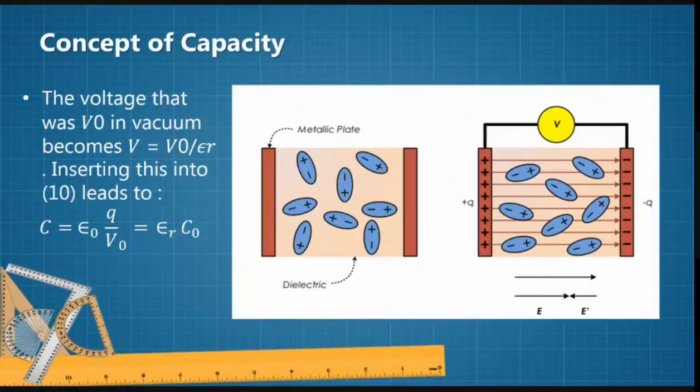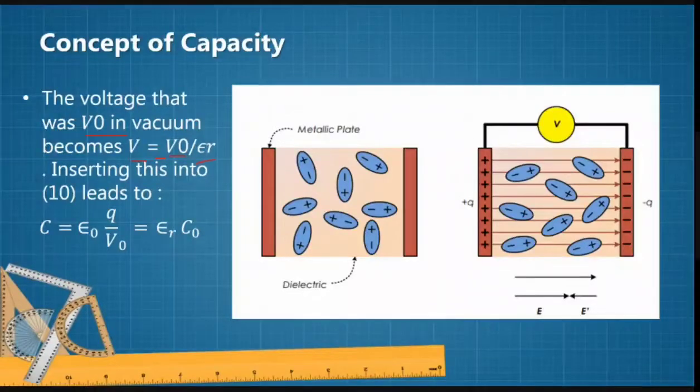So the voltage that was phi null in a vacuum becomes phi equals phi null divided by epsilon r.